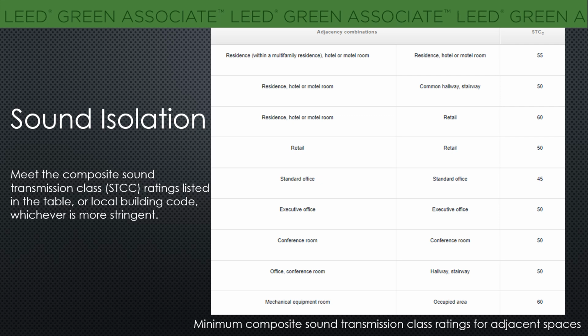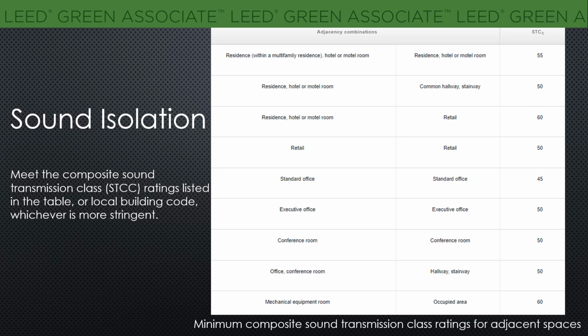If a residence, whether a multifamily residence or hotel or motel room, is adjacent to a residence, hotel or motel room, the STC rating should be 55, and if it adjoins a common hallway or stairway, the STC rating should be 50.